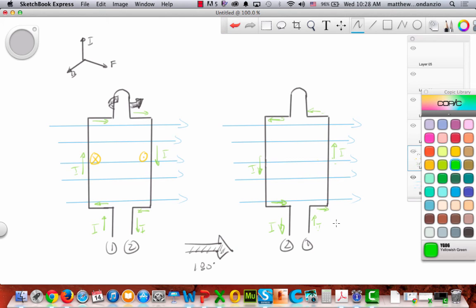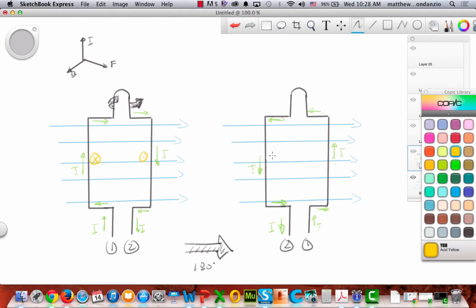Now, given this, what is the direction of the force on the left vertical part of the wire? It's going one direction. Do the right-hand rule, guys. If you haven't done this and you're uncomfortable, this is a time to practice.